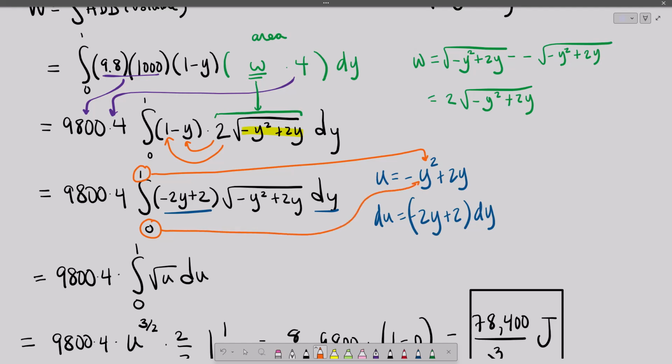This is how you exchange y's and get u's. If you plug in a 0 for y, you're going to get your corresponding u. If you plug in a 1 for y, you're going to get your corresponding u. So that equation that you use as your substitution is how you exchange y's for u's. So you plug in the corresponding y, you'll get the associated u.